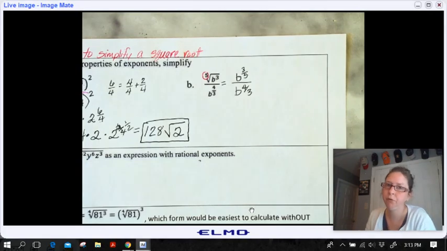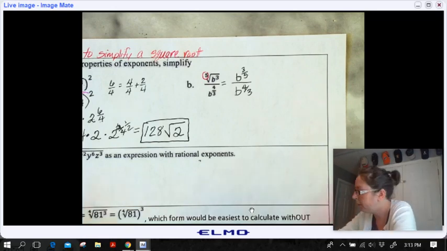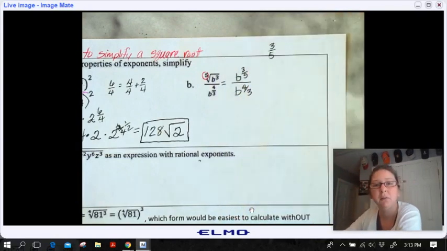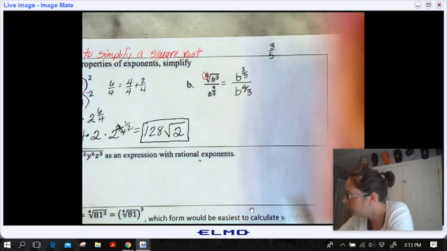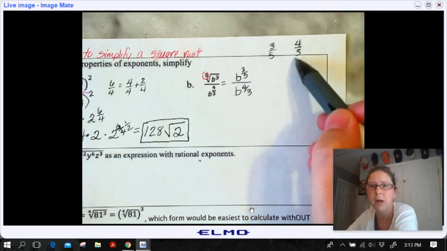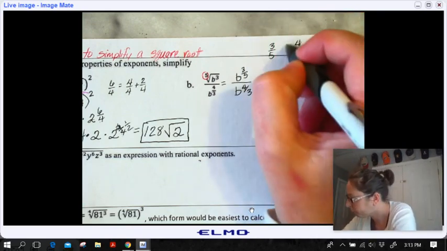So here's my question for you. Think about which of these two fractions is bigger. Which fraction is bigger? Well, 3/5 is part of a whole. 4/3 is one whole amount plus a little more.